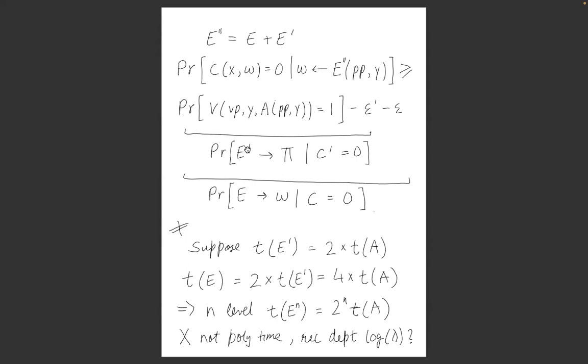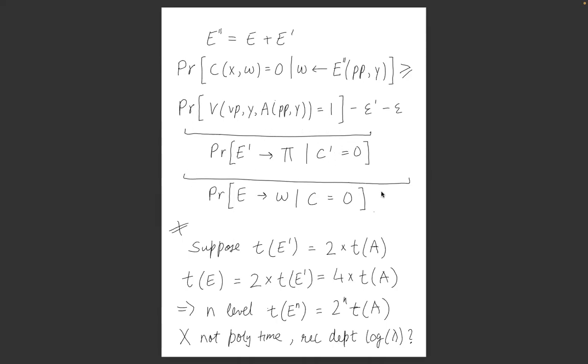So this is the probability that the extractor can extract witness pi from the circuit C prime. Since the probability of the extractor is always greater than this, the statement will hold.